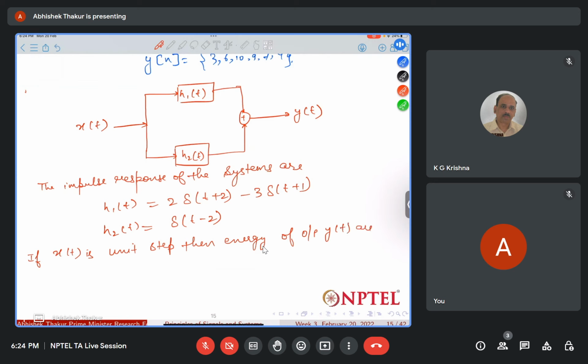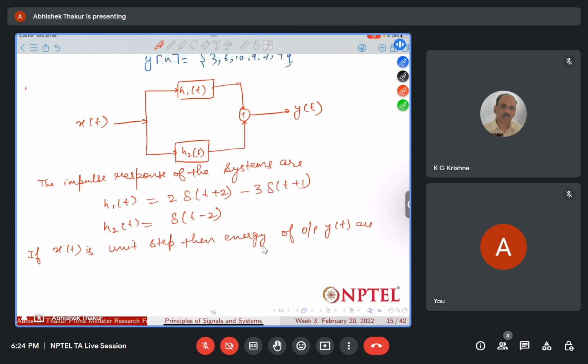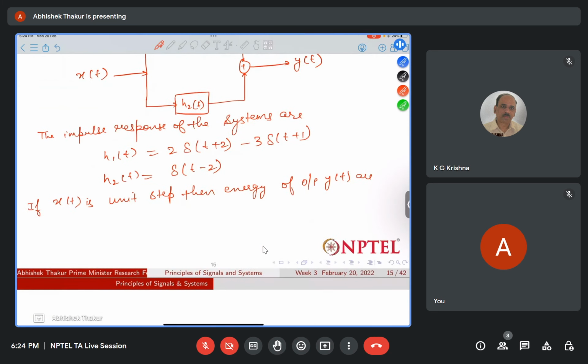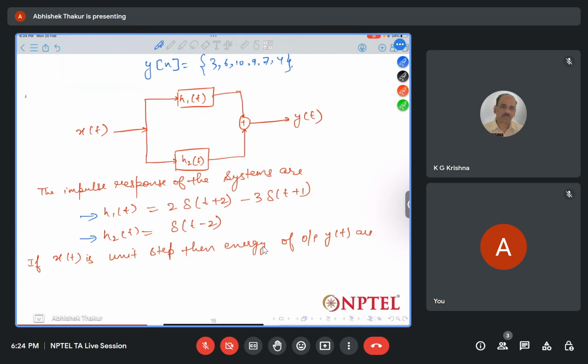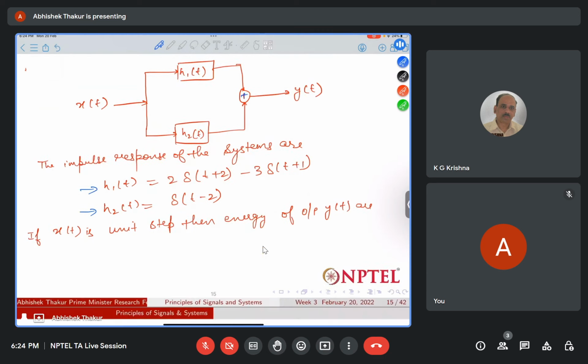So in this question h1(t) and h2(t) are both given. h1(t) is 2 delta(t+2) minus 3 delta(t+1), and h2(t) is equal to delta(t-2). So how much will the overall impulse response be? These are the individual impulse responses, and both are summed, so this is h1(t) plus h2(t).